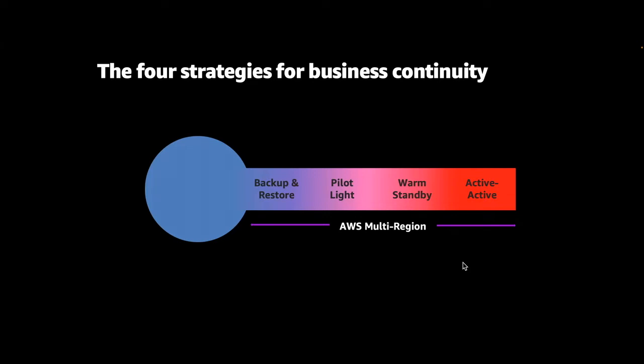and you can go with a pilot light. Sometimes you go with something even more sophisticated, a warm standby, where RPO takes only seconds and RTO takes minutes. You need to maintain a scaled down but fully functional version of your workload, always running in a disaster recovery region. And after all these options, if that's not enough, you need a multi-site active, where the RPO is nearly zero and the RTO potentially zero.